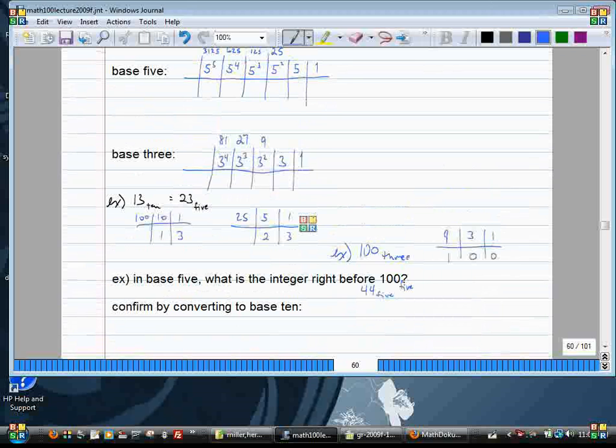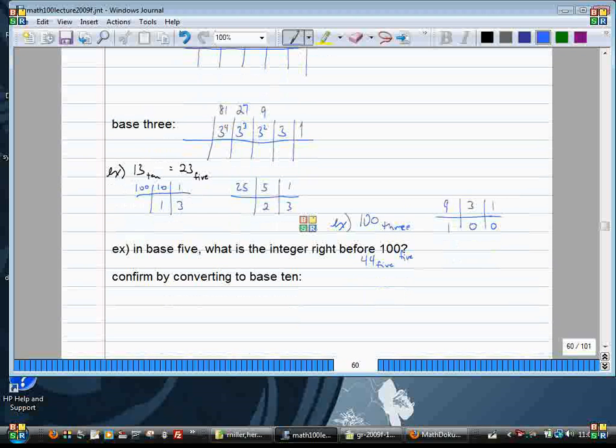What is it really worth? In order to figure that out, you have to remember that these numbers are written in base 5. So what are the values of the columns? 1, 5, 25. So when you say 100, what is that really? This is really 25.